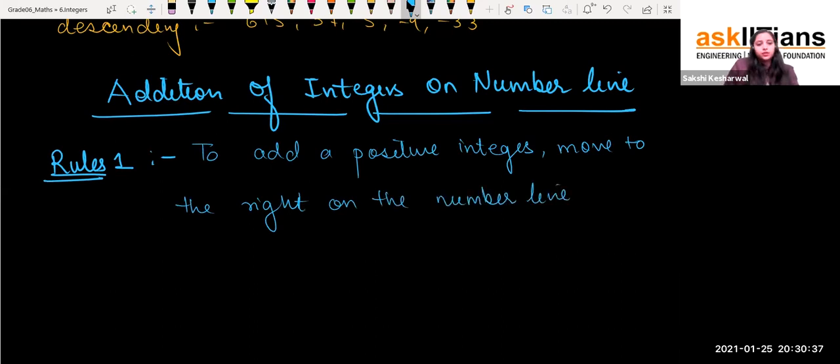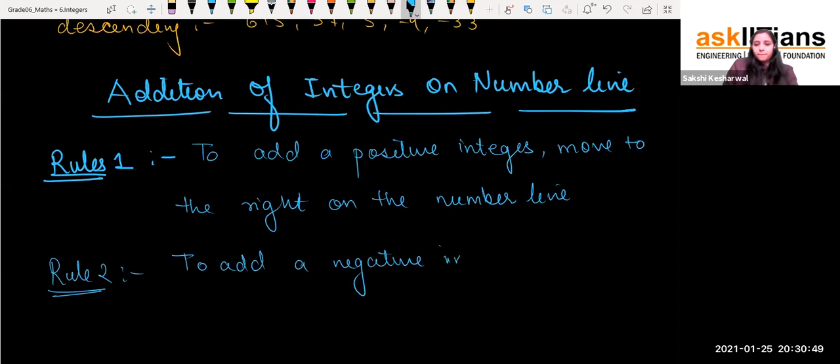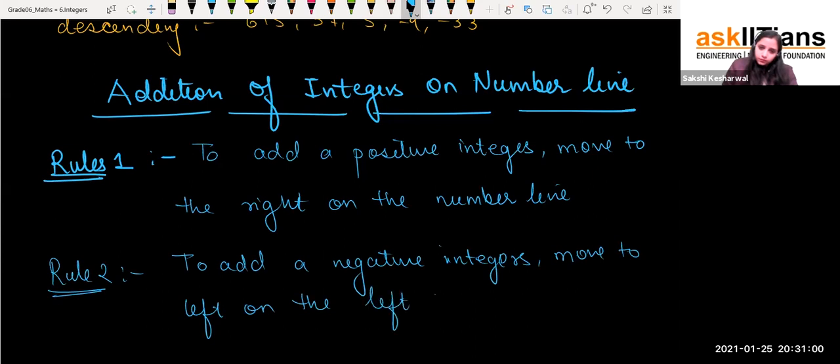And similarly, rule 2: to add a negative integer, move to the left on the number line. So this is the whole concept that you have to follow.